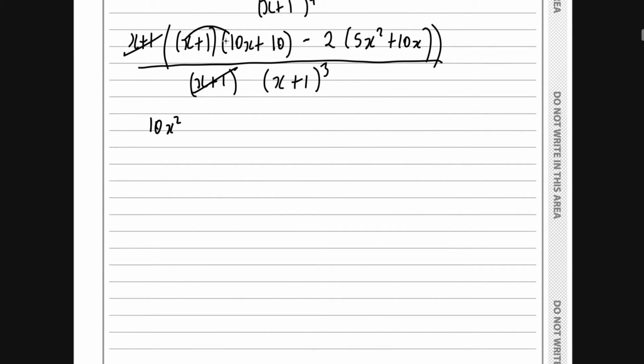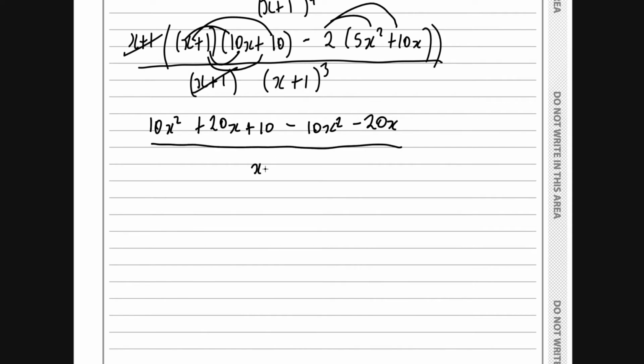So 10x squared plus 10x plus 10x plus 20x and plus 10. I'm going to subtract from that 10x squared and 20x. And that's all over x plus 1 cubed.